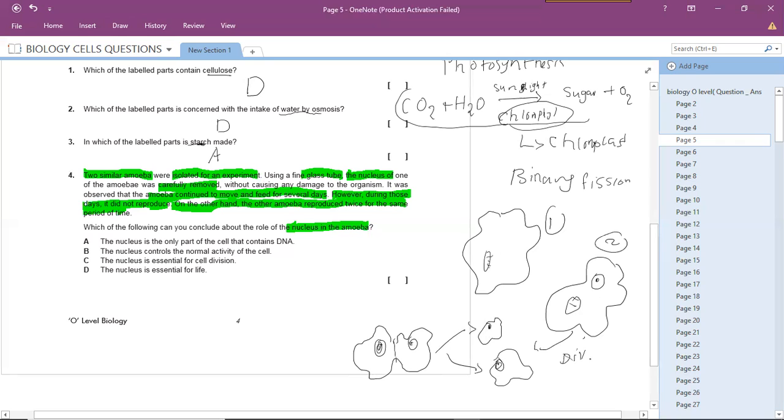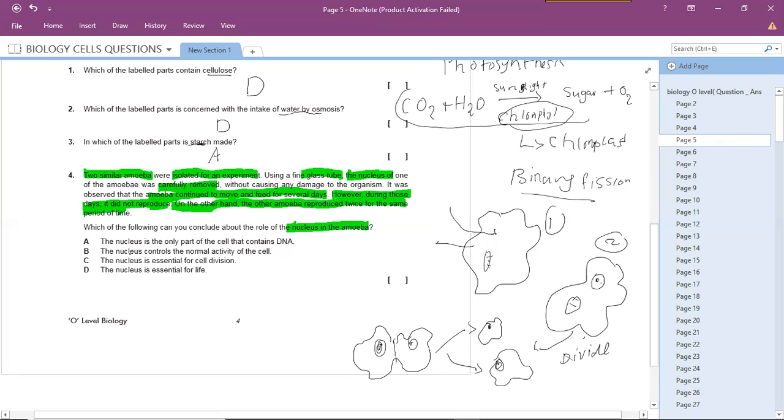It actually divided twice via binary fission, the cell division called binary fission. But this one just continued to get nutrients from outside. It continued to get nutrients, but it did not divide. This experiment shows that the nucleus is actually very important for cell division.